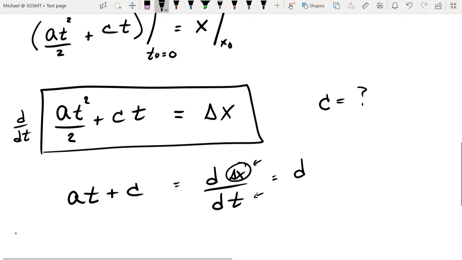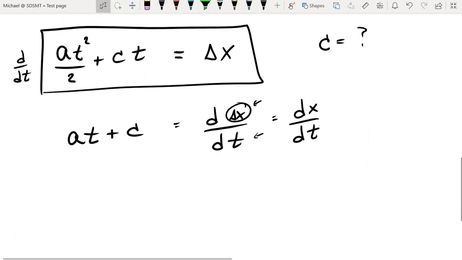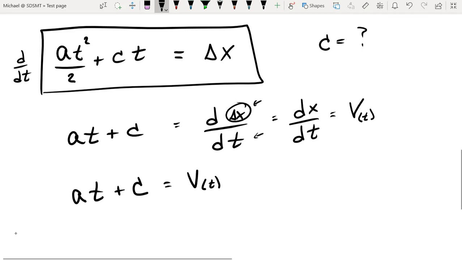We're going to update this to what it actually should read, which is dx/dt. But what is dx/dt? Well, that is the instantaneous velocity of the object at any given time. And just to drive home that point, I'm going to label that as v sub t. So we have an expression here that tells us what the velocity should be at any given time.